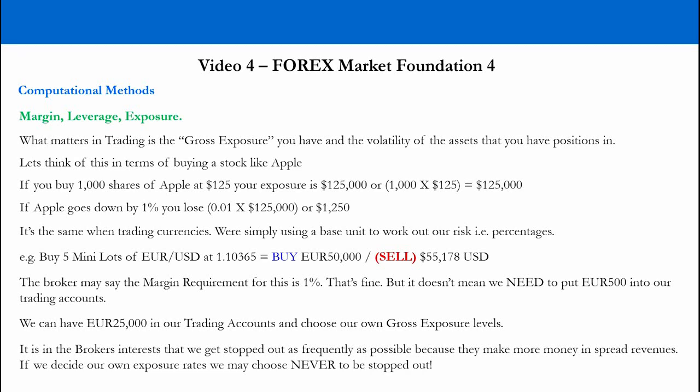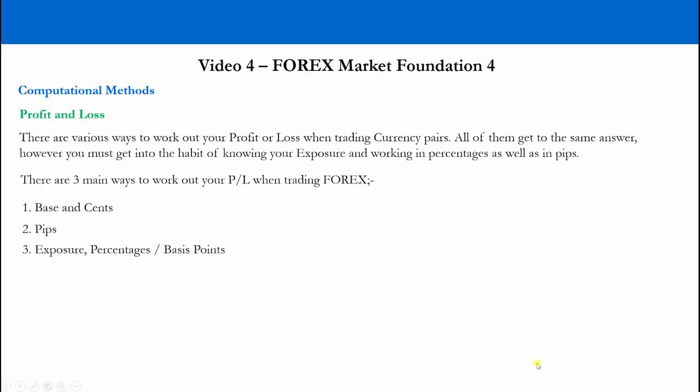Now let's move on to our next section for computational methods, which is profit and loss. There are various ways to work out your P&L when you're trading currency pairs, and all of them get to the same answer, but you've got to get into the habit of knowing your exposure at any one time, so your real risk, and working out in percentages as well as in pips, because working out in percentages means you can compare opportunities and risk to other situations.